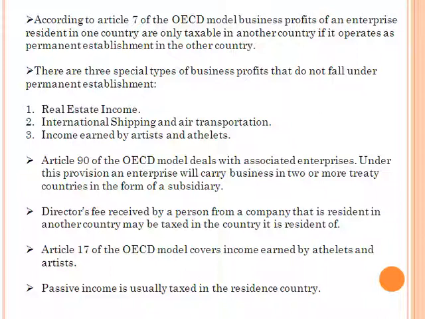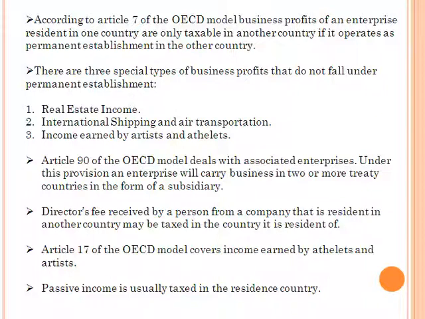According to Article 7 of the OECD model, business profits of an enterprise resident in one country are only taxable in another country if it operates as permanent establishment in the other country.